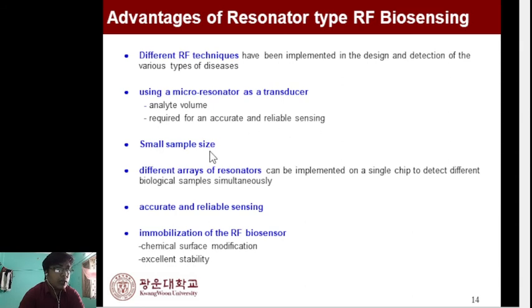The resonator also helps with small sample sizes, and different arrays of resonators can be implemented on a simple chip to detect different biological samples simultaneously. For immobilization of the RF biosensor, the chemical surface can be modified, and it shows excellent stability.